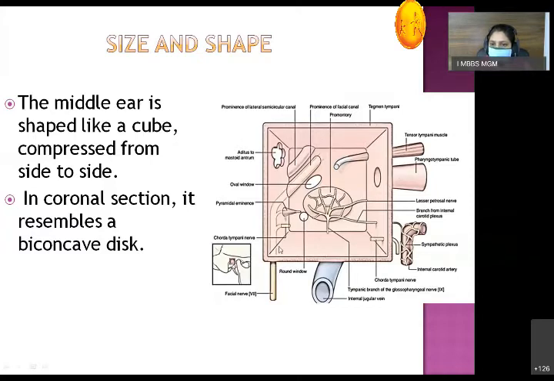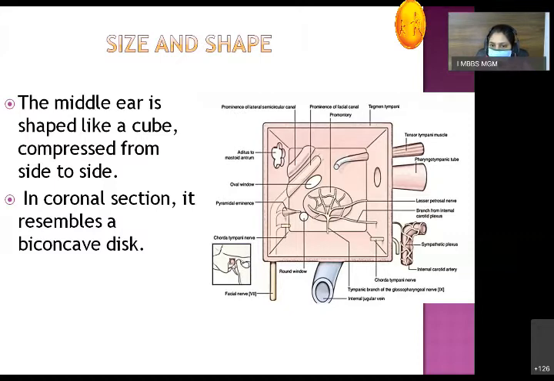What do you see? It has anterior wall. It has posterior wall. It has roof. It has floor. It has medial wall. It has lateral wall which is open, which we cannot see in this figure.